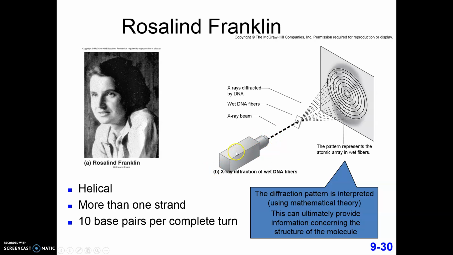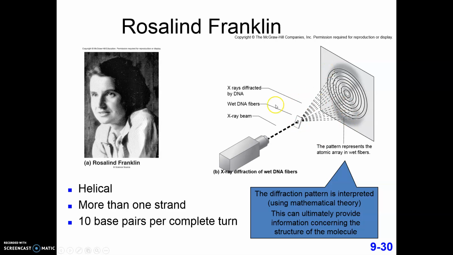So here we have an X-ray source. It shoots out a beam of X-rays. They're all straight and parallel. They hit this crystal of DNA, and the fact that you have repeating patterns in the crystal causes X-rays to diffract in a particular pattern based upon what it's going through.